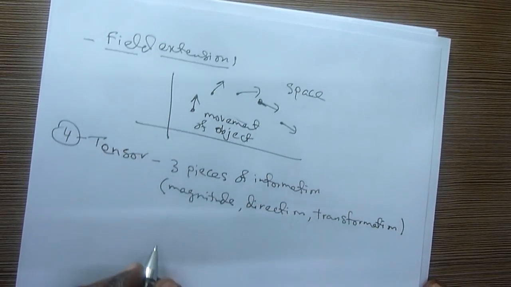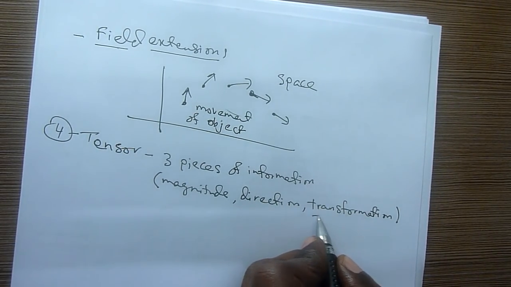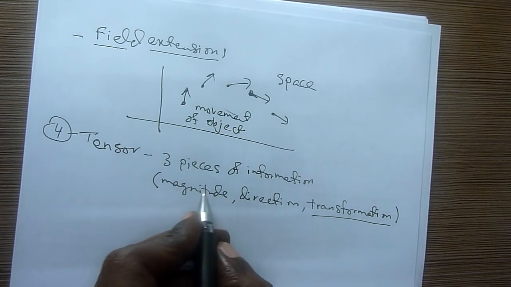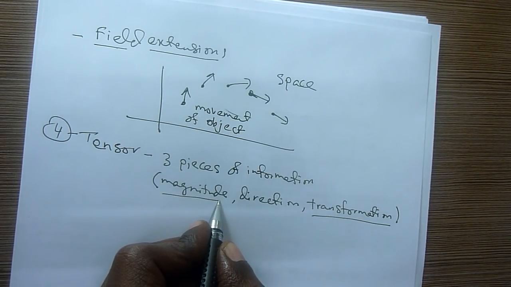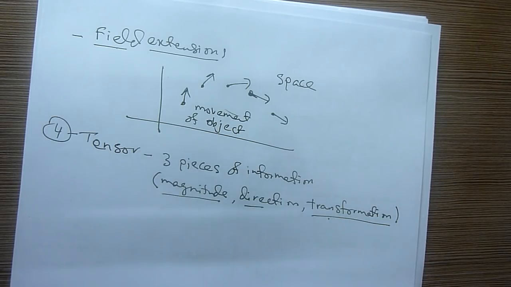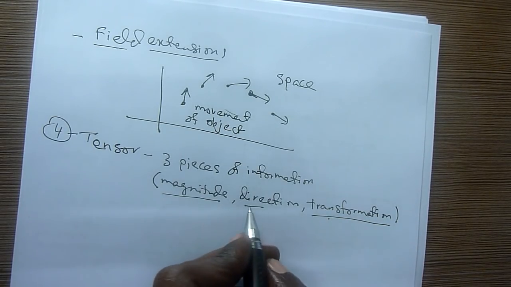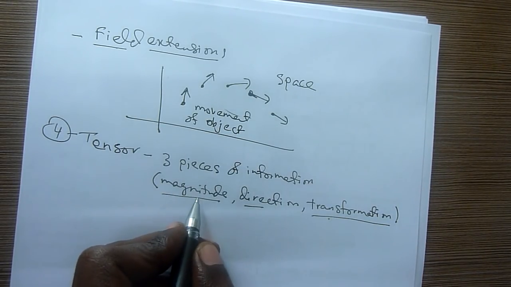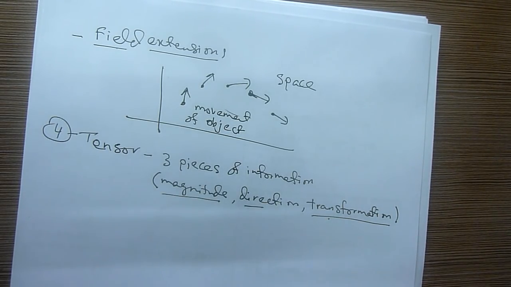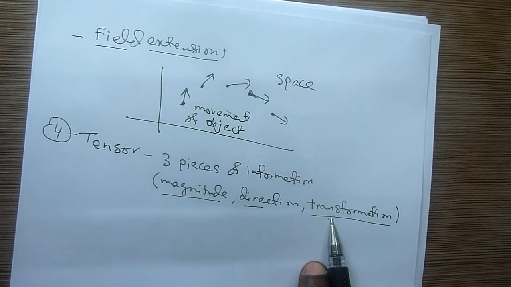Therefore this information, this basis, we call it hidden information. Magnitude is very obvious, which we can see. Direction and transformation, we call that the basis. This is the basis, and this is a scalar. On top of the vector component, tensor provides one more piece of information called transformation.